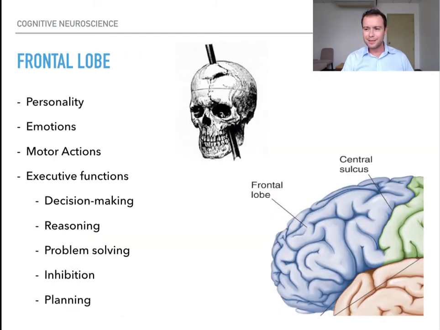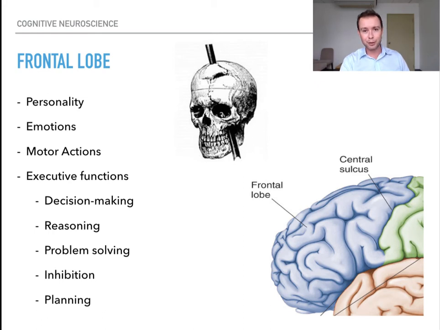So let's go through and get a little bit of understanding of some of the basic functions of the lobes. The frontal lobe, unsurprisingly located towards the front of the brain, is associated with motor processing and higher thought processes such as abstract reasoning, problem solving, planning, and judgment. It's also strongly implicated in emotions.